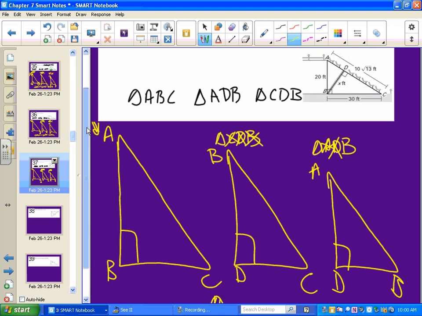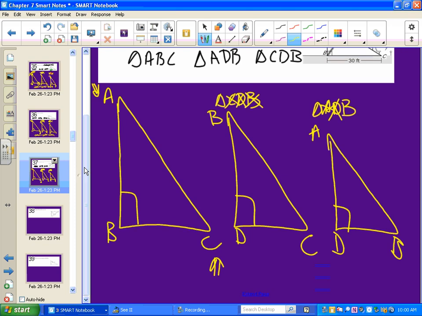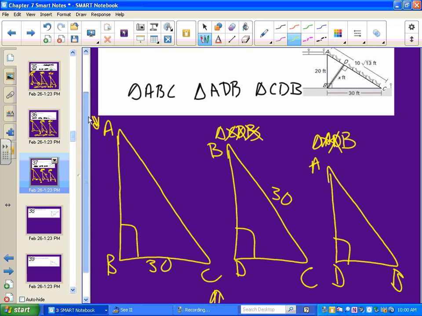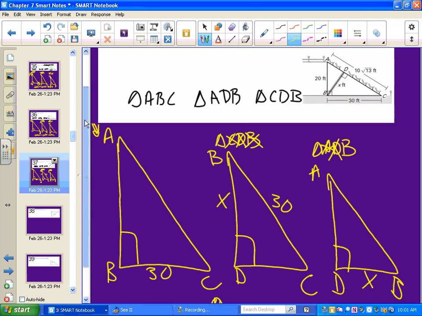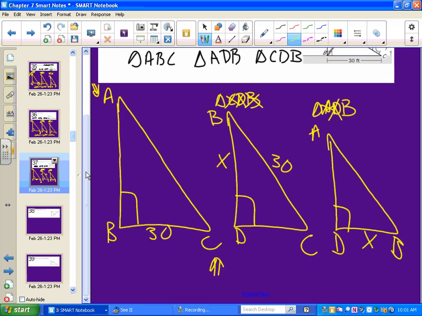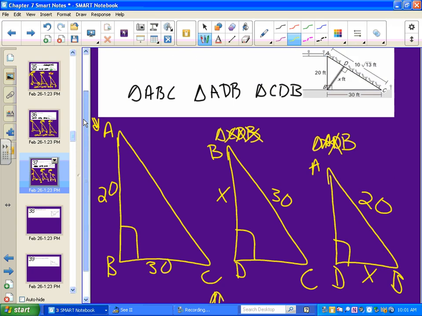Now, let's fill in the lengths that we know. We know that BC is 30. We know that BD is x. And we know that AB is 20.